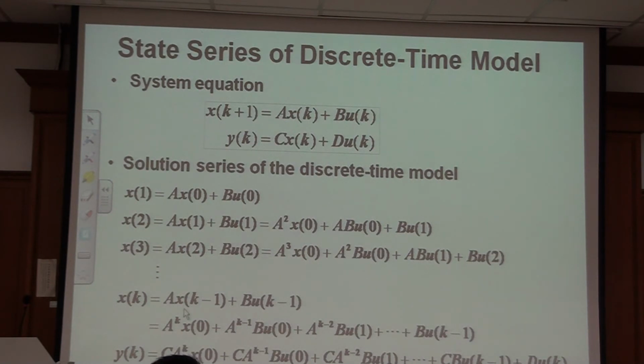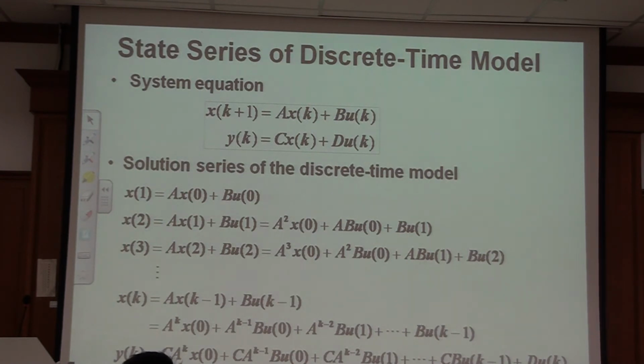And this term we call transient. That means when you have initial conditions, then you have that term. If you don't have initial conditions, then you don't have that term. That's what we call the transient response in the discrete model.